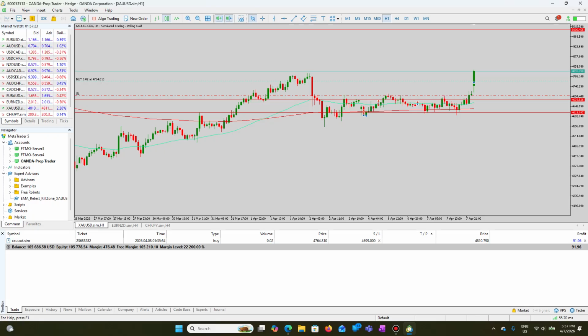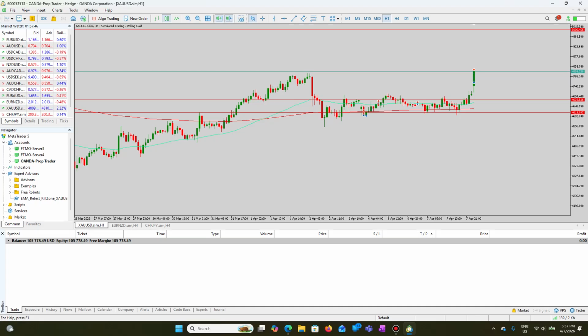Yes, we've been there for 20 minutes. Our equity now is 105,700. So we can almost close this trade now and count that as another trading day in the books. So with that being said, let's just go ahead and close this. $90.